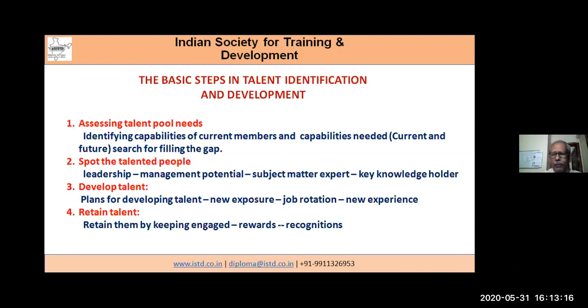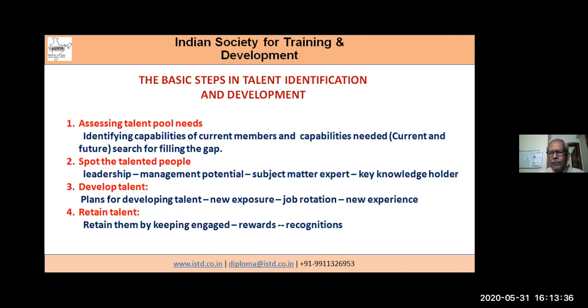But when you go a little further, there is a requirement of managerial capability also, and of people who have subject matter expertise, in the different areas in which you are searching.